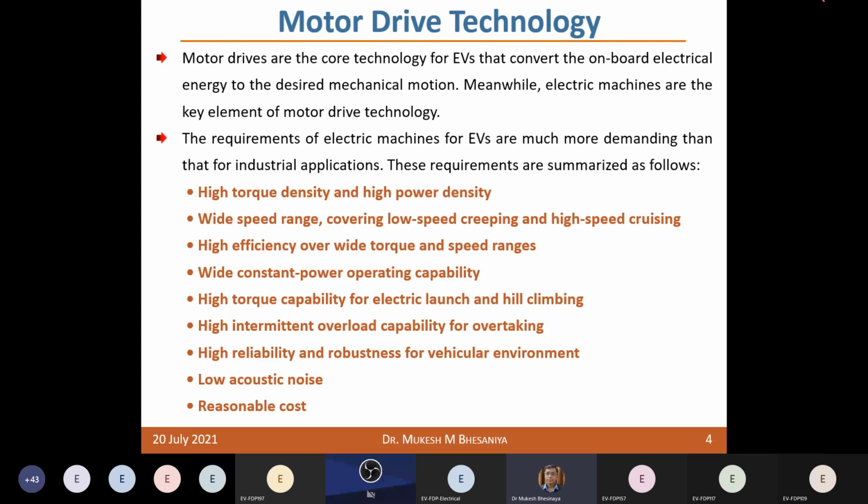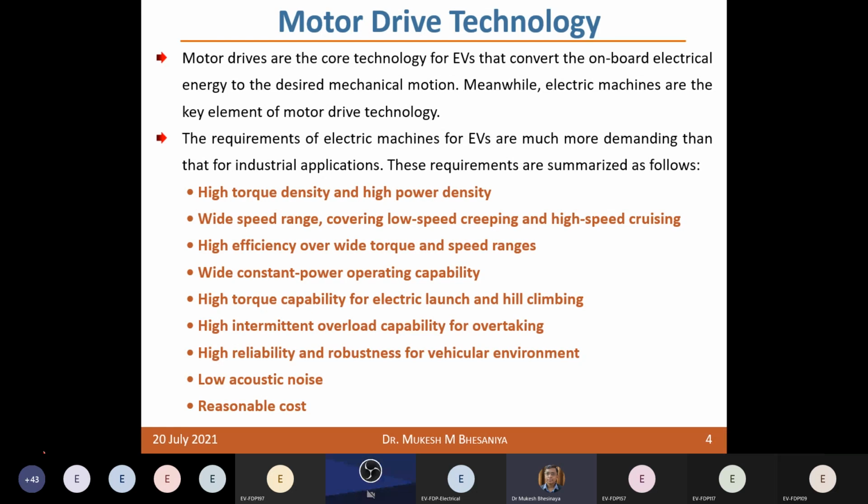So a lot of motor configurations are being studied by many people, and still you do not find a matured motor drive technology for the EV. People are still working on different configurations based on performance. When full-fledged EVs are used by the people, only then will you come up with a matured motor drive technology.